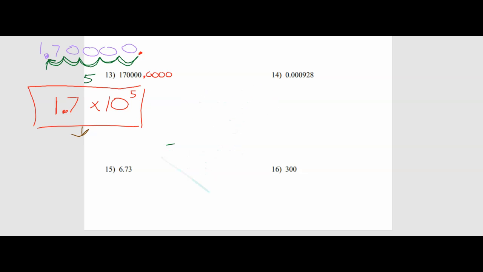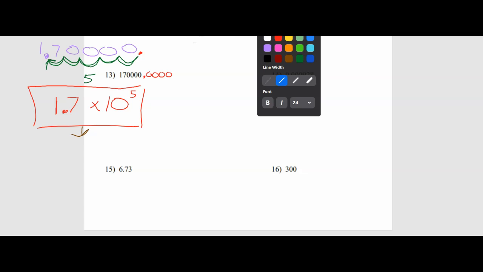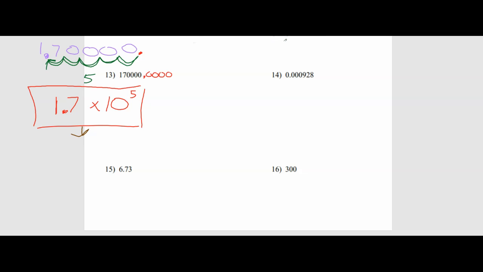All right, let's do 14. Here, we know that our decimal must go between the 9 and the 2 to get 9.28, because that's a number between 1 and 10. Now, let me rewrite this for us. We have 0.000928.